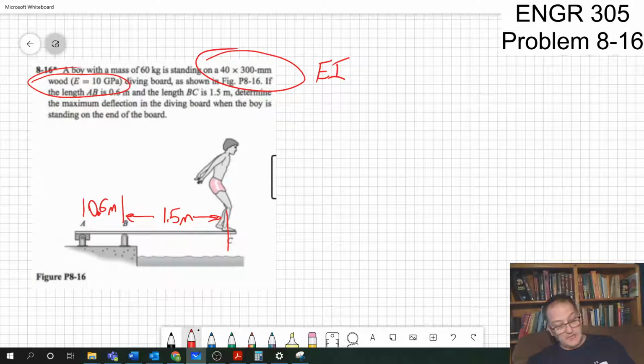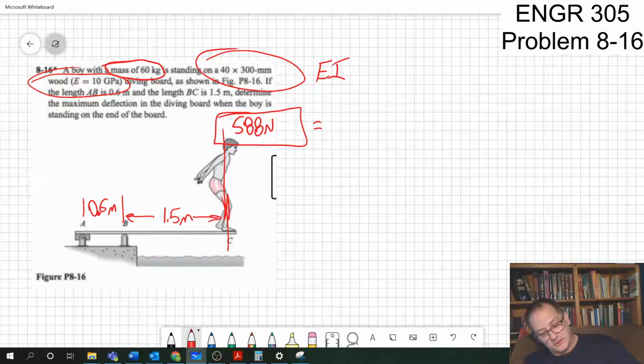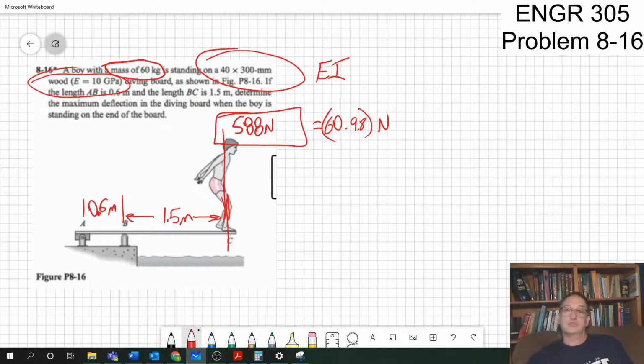Now, they gave us his mass. He's about 120 pounds, but really what we need to convert that to is 588 newtons. That's equal to 60 times 9.8 meters per second squared, and that gives me the quantity in newtons that I'm looking for.